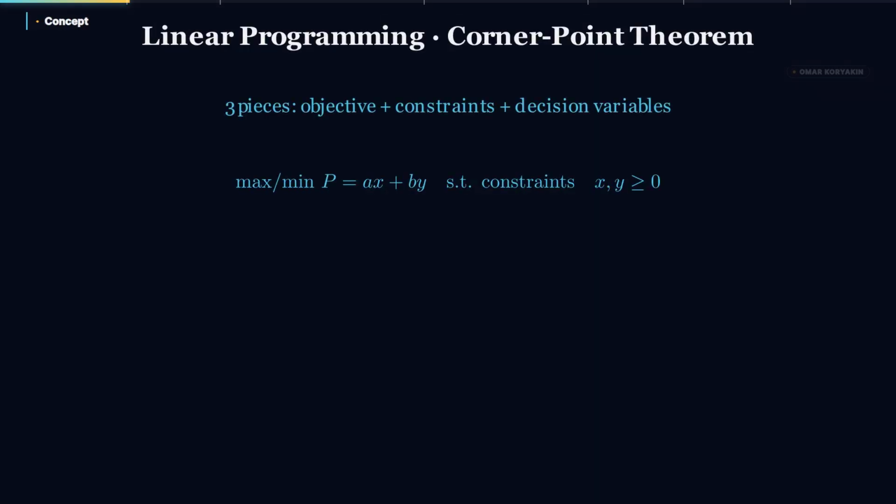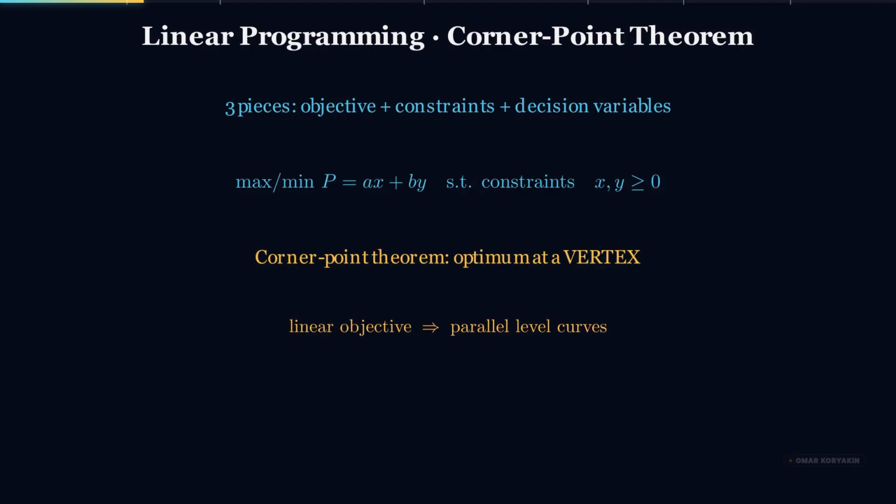Linear programming maximizes or minimizes a linear objective function subject to a system of linear constraint inequalities. The decision variables are the unknowns we choose. The constraints define the feasible region of allowed choices, and the objective specifies which choice we prefer. Here is the corner point theorem.